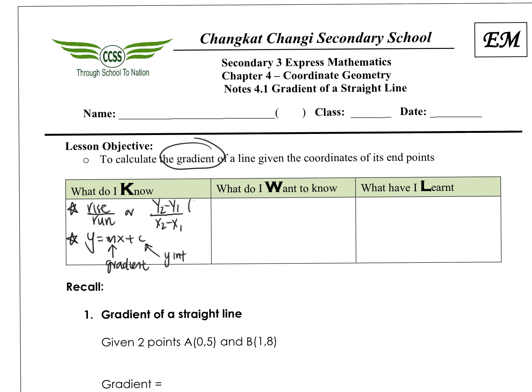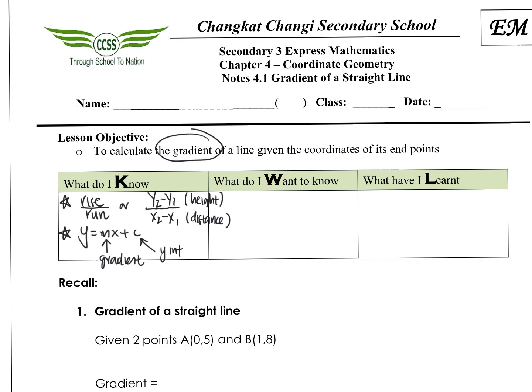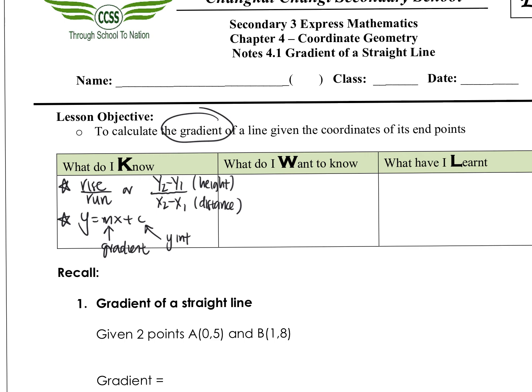So you find the difference of the height over the horizontal distance. Okay, so these were more or less the different things that you have learned in lower sec. Not just that, you also learned that gradient can be 0 if it's a horizontal line.